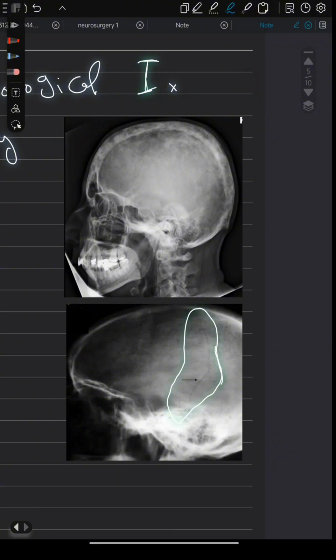This is a fracture revealed by X-ray. It is used for spinal injuries also. It can show bone erosions from tumors, but doesn't show soft tissues like the brain. So it's restricted to the bones.